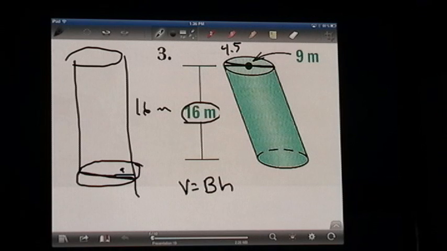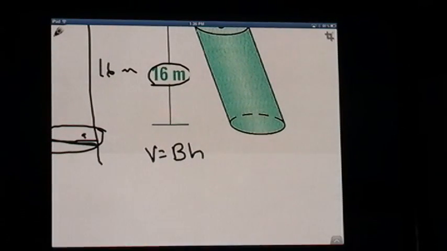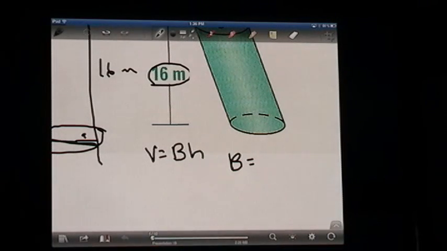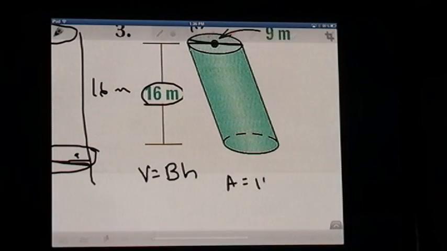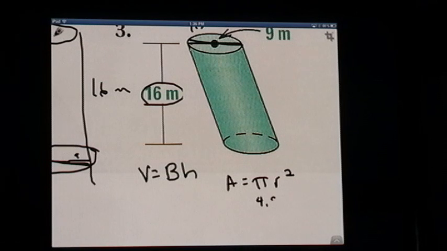Okay, so we're going to find the area of the big base. Area of the base is equal to the area of that circle, which is pi r squared. And r, if the whole thing is 9 meters, then r is going to be 4.5, so pi times 4.5 squared. 4.5 squared is 20.25.